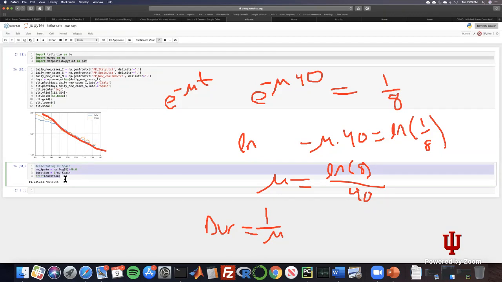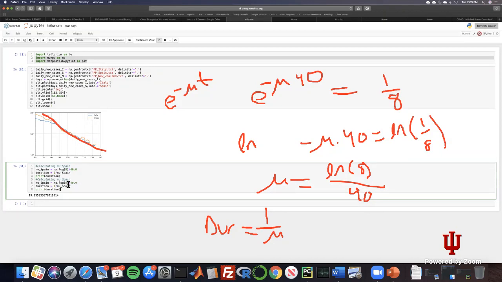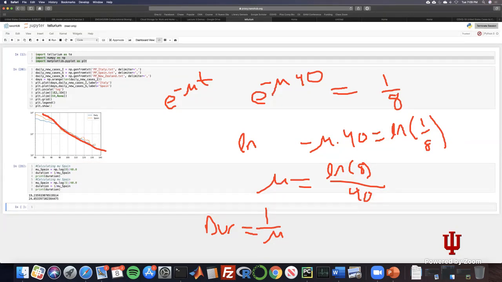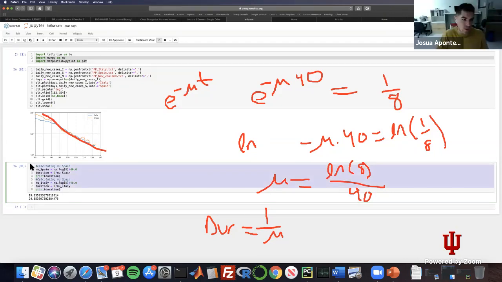Italy was a little bit bigger, log 5 over 40, 24 days. So that's actually a pretty good estimate. So I'm going to share this code with you guys.